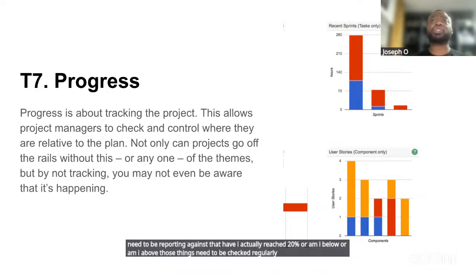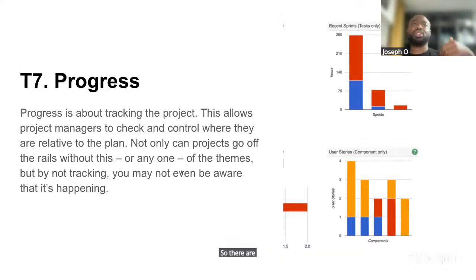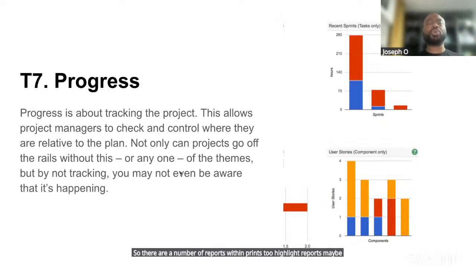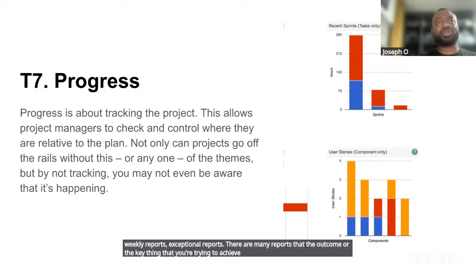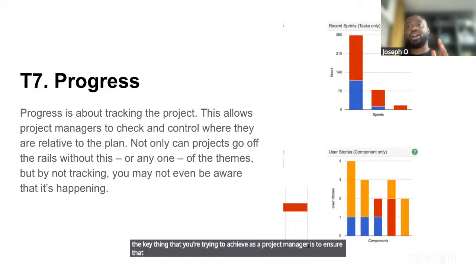And one way of checking it is through reports. There are a number of reports within Prince2: highlight reports, maybe a weekly report, exception reports. The key thing that you're trying to achieve as a project manager is to ensure that you are where you ought to be.